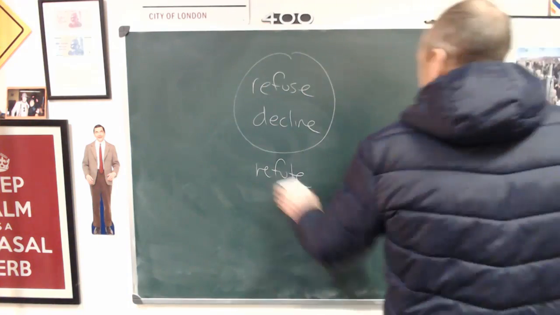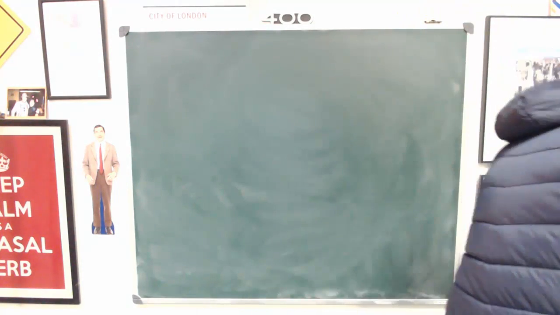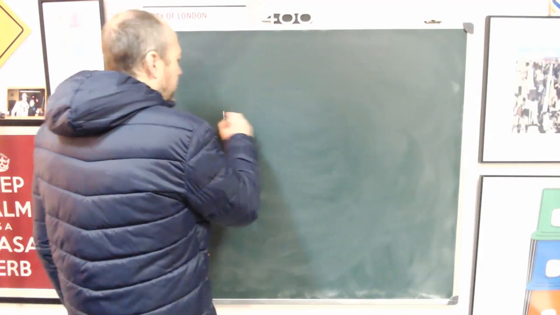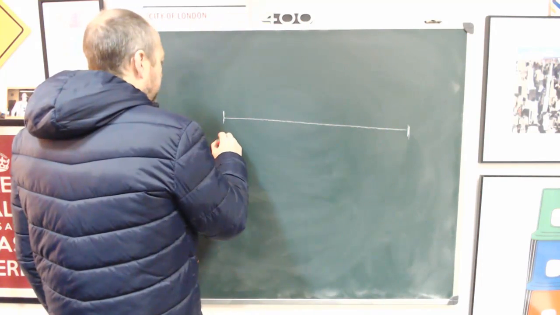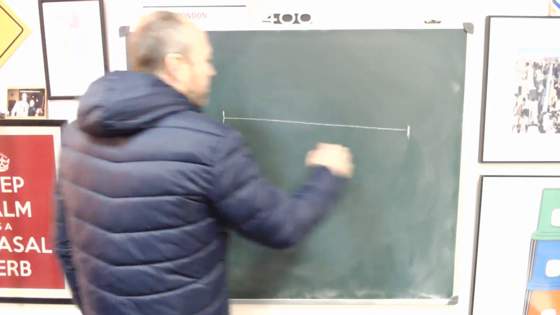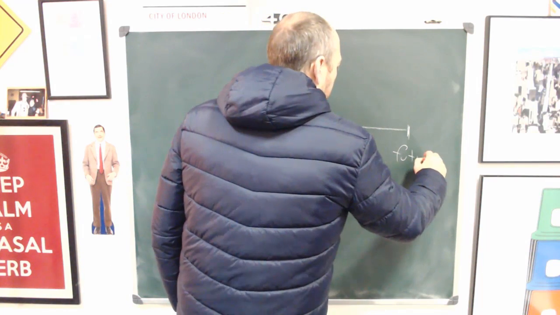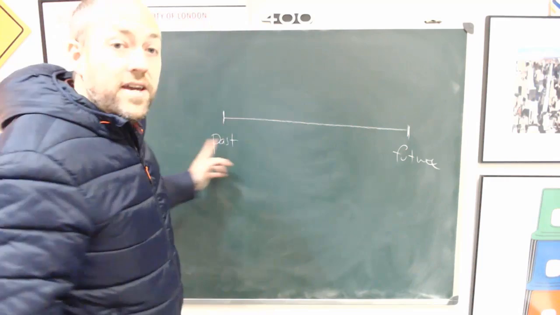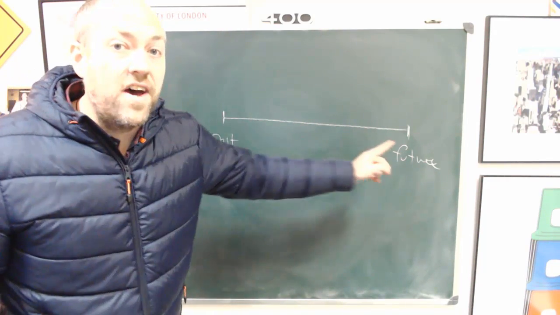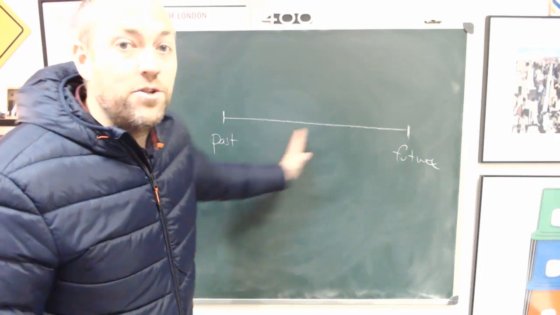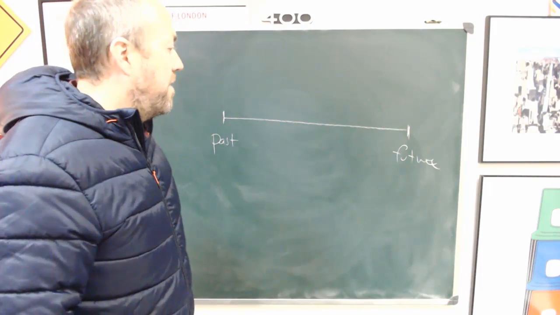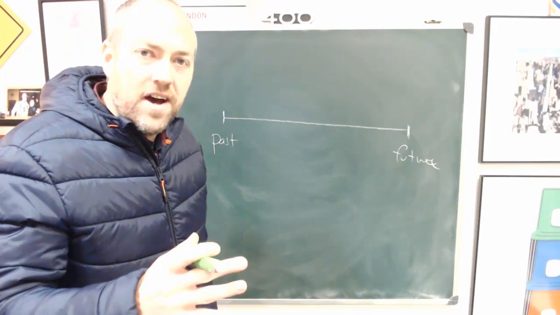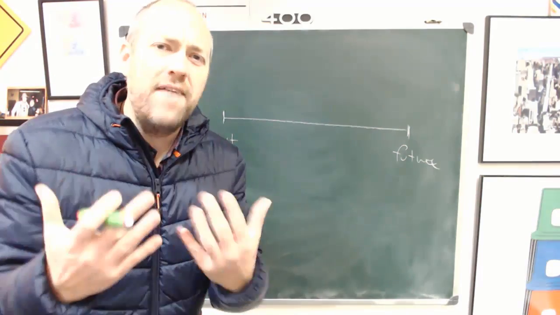Min asked another interesting question here, which is, what is the difference between on time and in time? So here you can see I've drawn the time from the past until the future. When we say on time, imagine we have a plan.